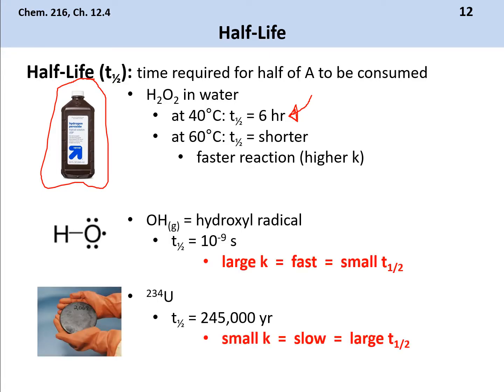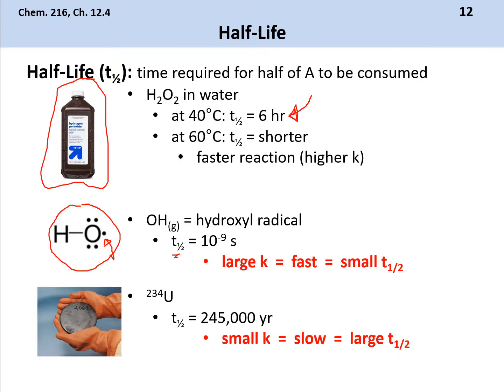Here are two extremes. OH is what we call a radical. It has an unpaired electron. In the atmosphere, it has a half-life of 10 to the minus 9th seconds. What that means is that it reacts almost immediately. 10 to the minus 9 seconds after I have some, half of it decays away.